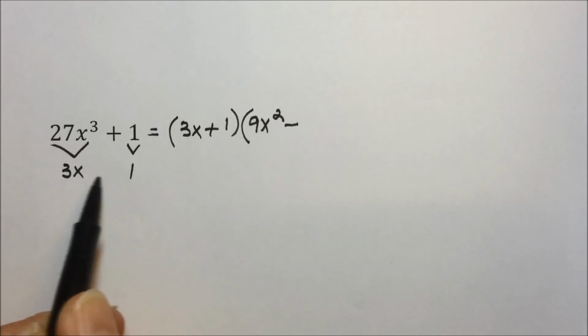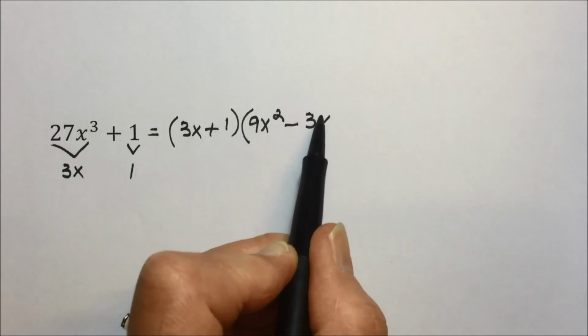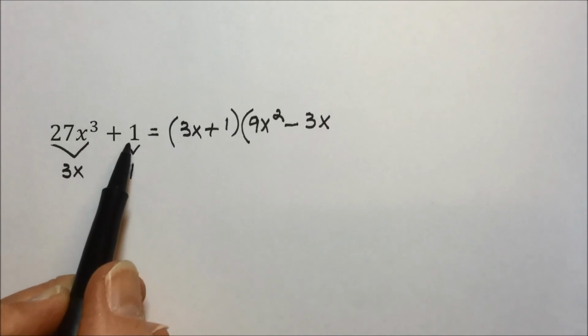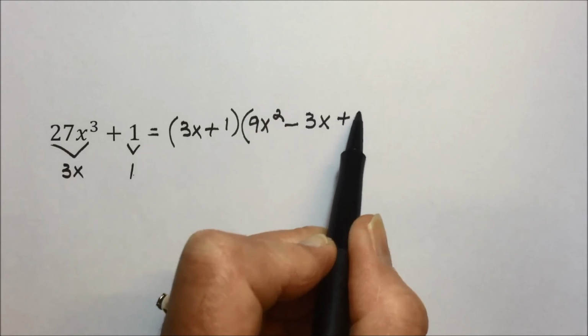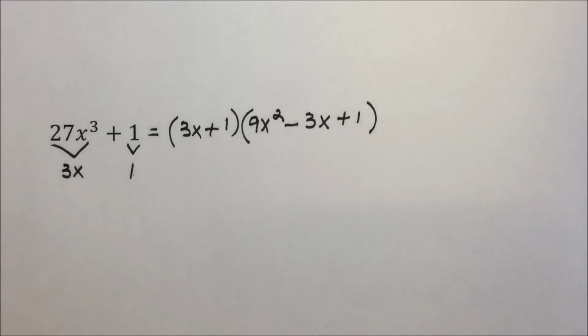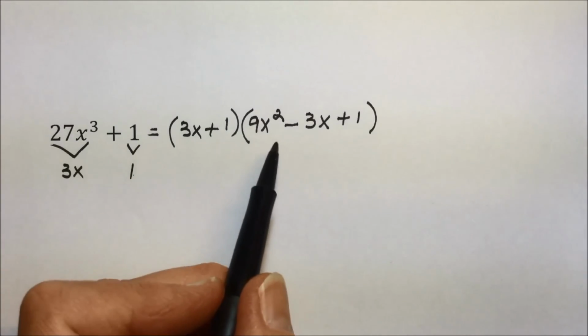a minus, the product of the cube roots, so 3x times 1 will be our next term, and the last term is the square of the cube root, 1 squared, 1 times 1, is plus 1. This is the correct factorization for a sum of cubes.